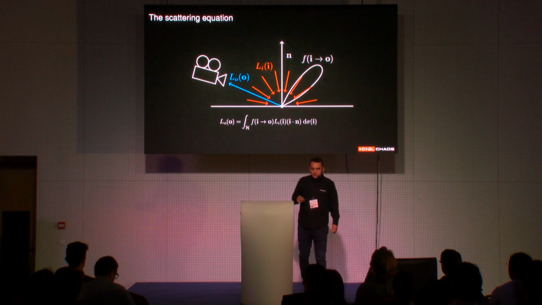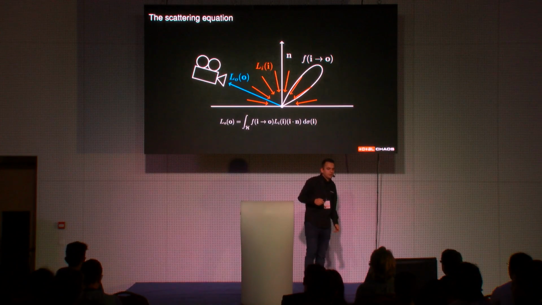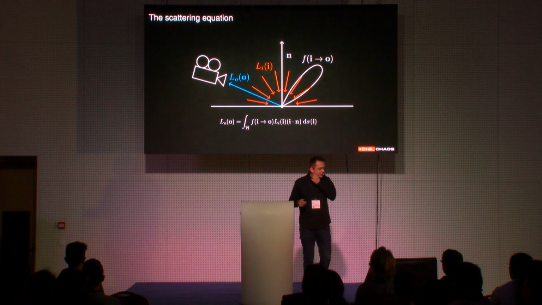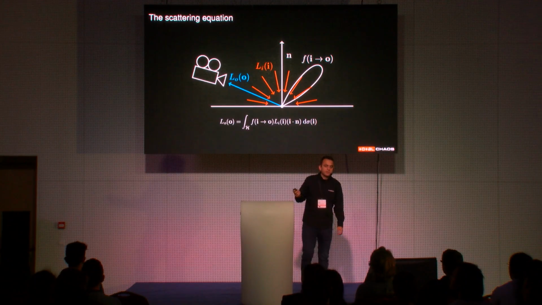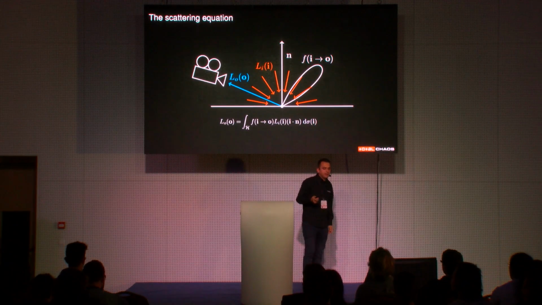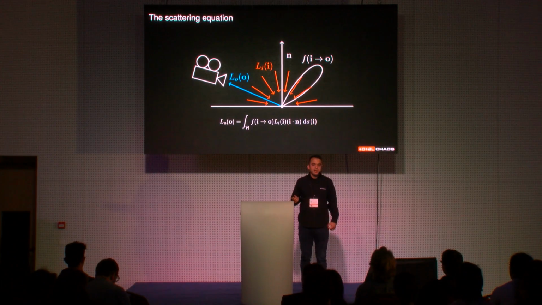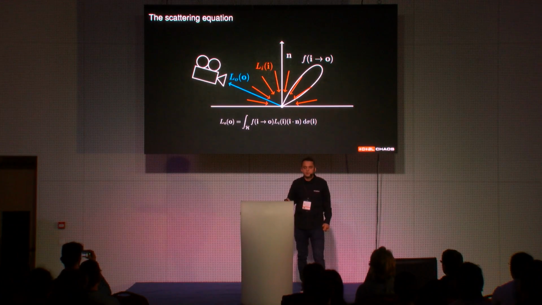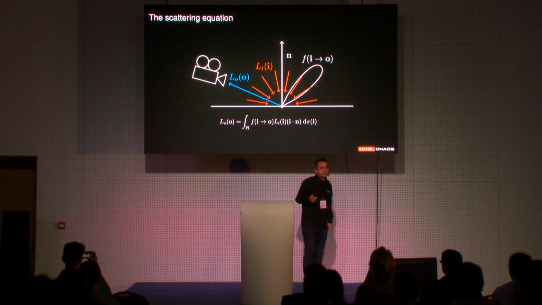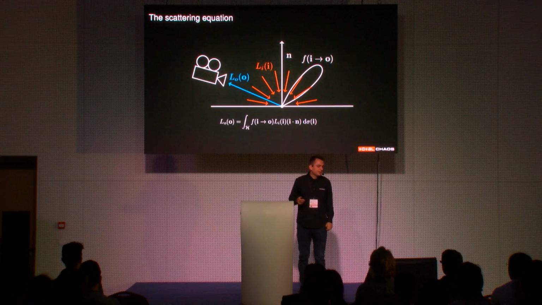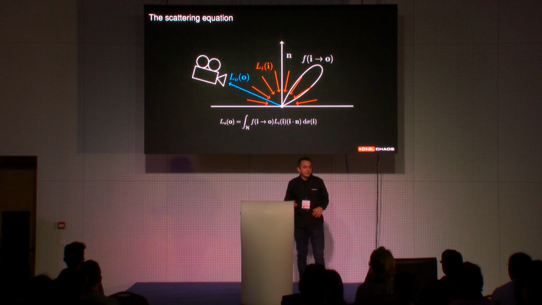So what we are trying to solve is this. This is the scattering equation here. We have a virtual camera, we have a ray, and we would like to know exactly how much radiance is reflected from the scene along our ray. And in order to find this, we need to integrate all the incoming light. The incoming light here is in orange.